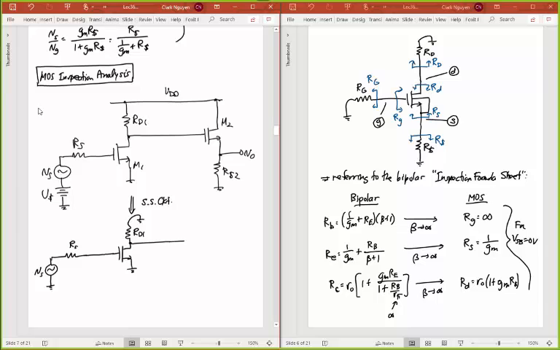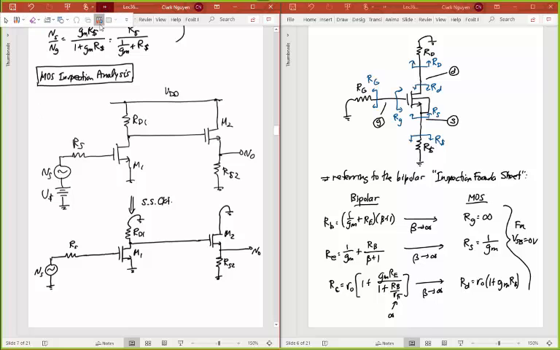And then I'm going to go all the way out here to an output device, which is tied sort of in a common drain, similar to a common collector. And if this is device 2, M2, then that would be RS2. And then finally I'll have this voltage right here. So this is my small signal circuit that I've created.